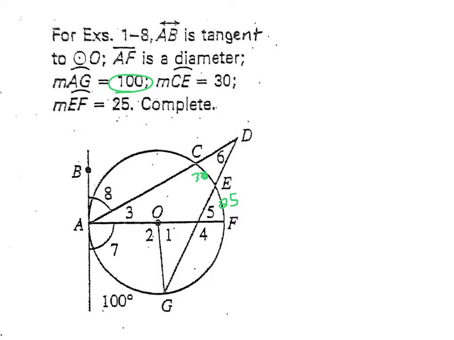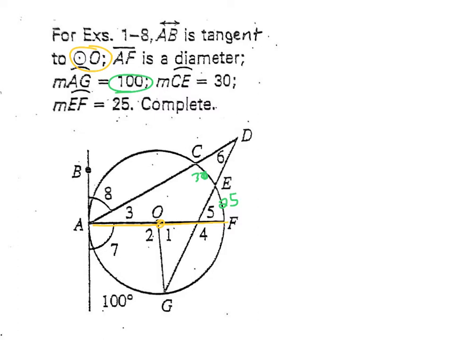Now, my next suggestion for you is find the arcs that you don't know. So we know they all add up to 360. The other fact that's kind of hidden, it's not that you don't know it, it's just that it tends to get lost in all the lines in the picture, is if you have a diameter, and they did tell you that this is circle O, so I know O is the exact center of the circle. That means I have 180 degrees for each semicircle.